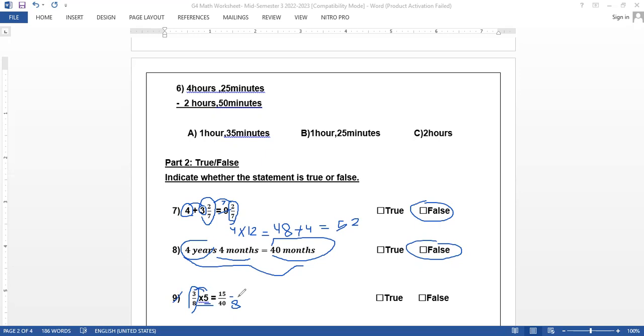So the answer should be 15 over 8. But what is the mistake done here? They multiplied the fraction's denominator by the whole number, and they also multiplied the numerator by the whole number. So this is a mistake, and the answer is wrong. So it's again false.